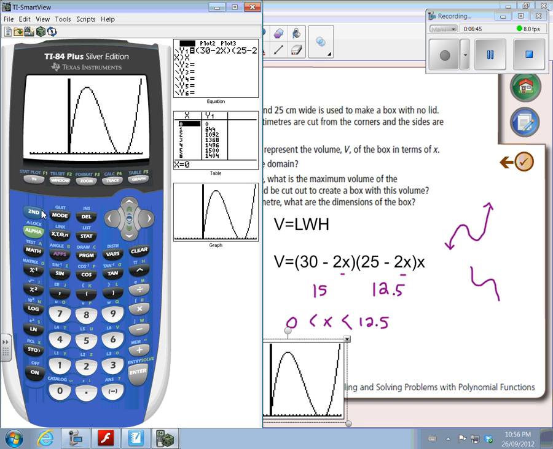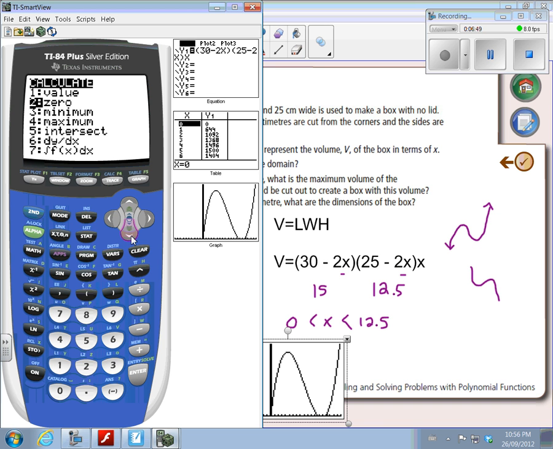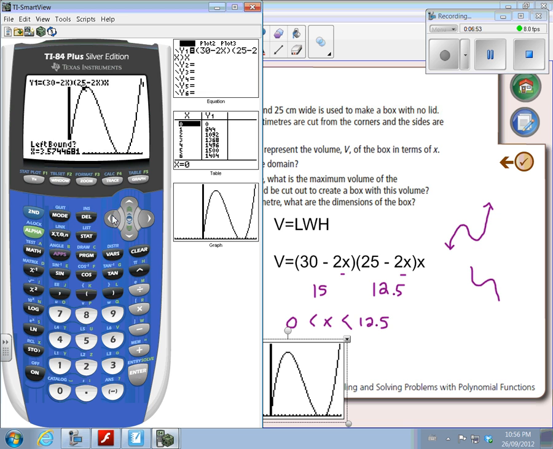You use the second function trace command for maximum. Press enter. There's a maximum hill right here. So go to the left, a left boundary, press enter, somewhere to the left of that maximum, and then go to the right, somewhere over here, press enter twice in a row, and you get approximately 4.5 and 1512.